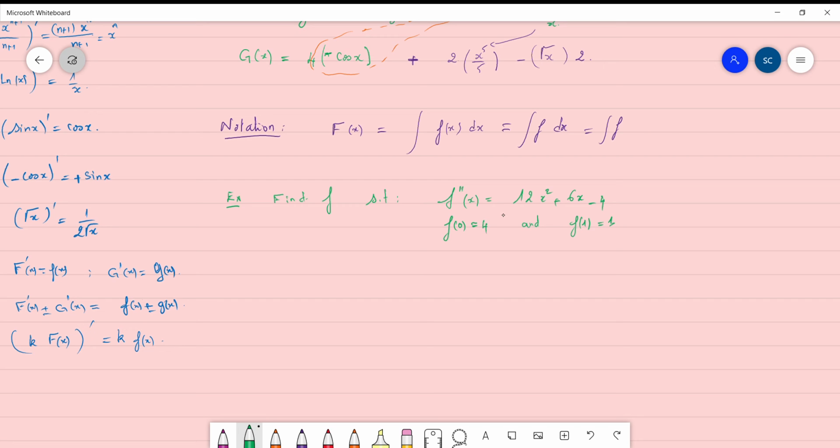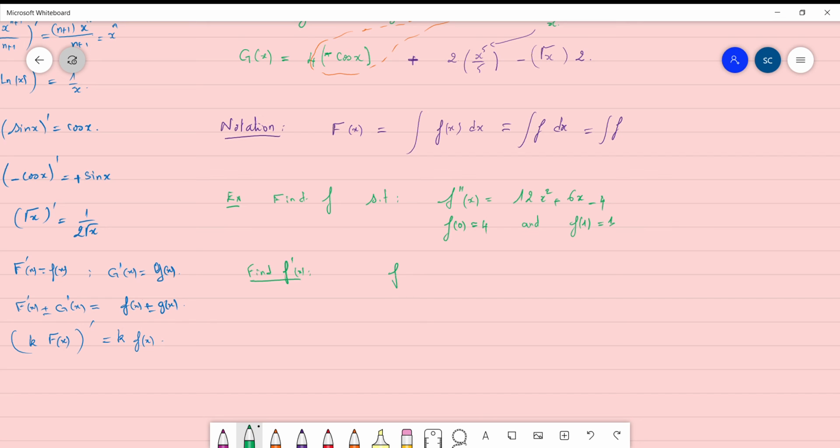Before looking at these two pieces of information, let's focus on the equation. They gave us f'' equal to a function, so I need to find f. So I need to go up. Let's start by finding f'.